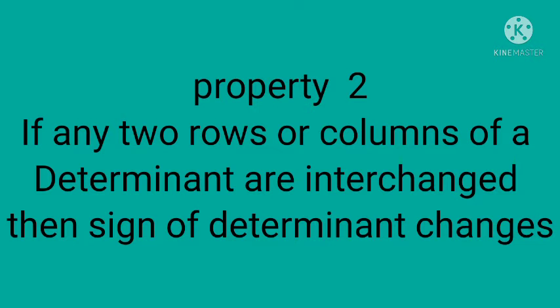That means a positive value becomes negative and a negative value becomes positive. Suppose we have two rows R1 and R2. We are interchanging R1 as R2 and R2 as R1. Then the resulting determinant has the changed sign of the original determinant. Okay, let's see the example.